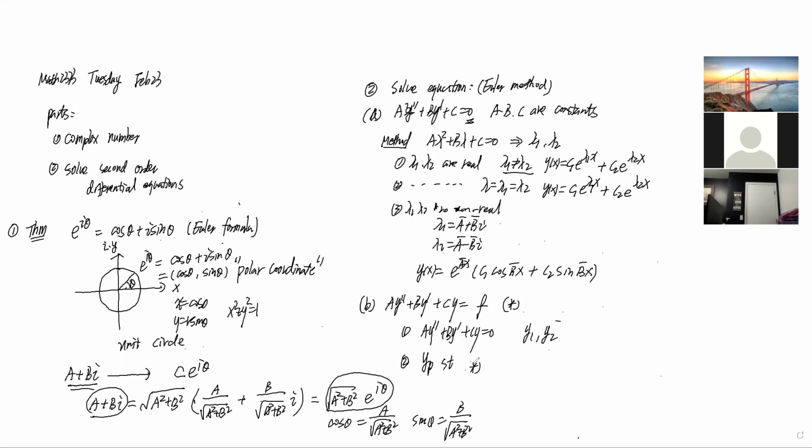And then the solution should be y equals yp plus c1 y1 plus c2 y2. So that's the method. We already knew how to find the solution for the homogeneous case, right?